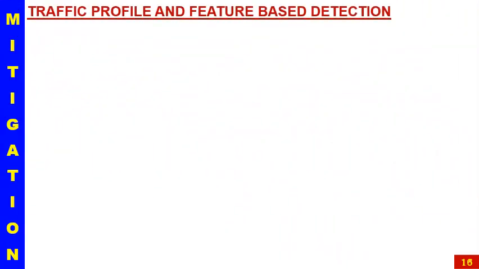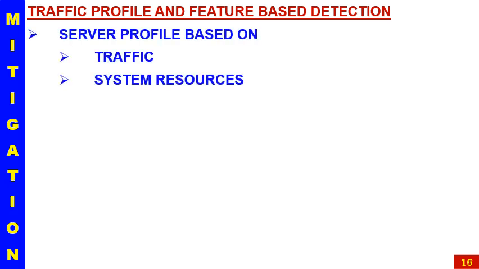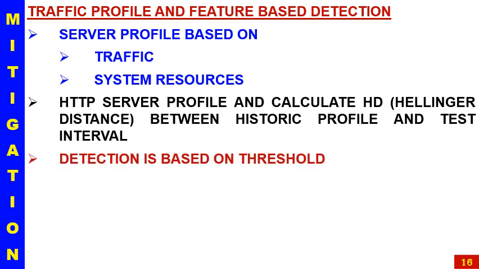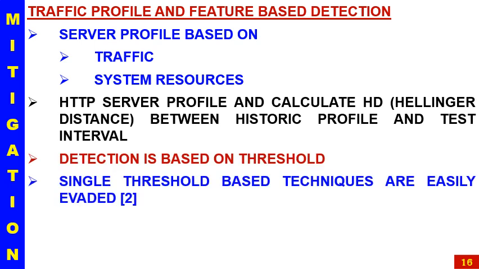In another set of mitigation techniques which follow traffic profile and feature based detection, we have server profiles based on traffic and system resources. HTTP server profile calculates the Hellinger distance between the historic profile and the test interval in order to label that particular interval as malicious or benign. These detections are based on thresholds.